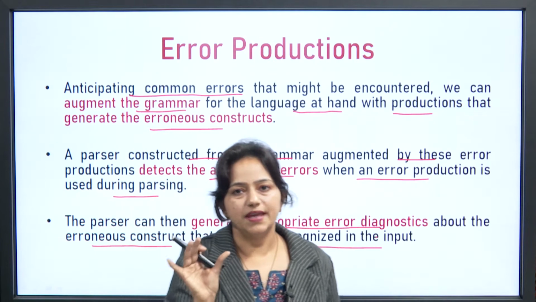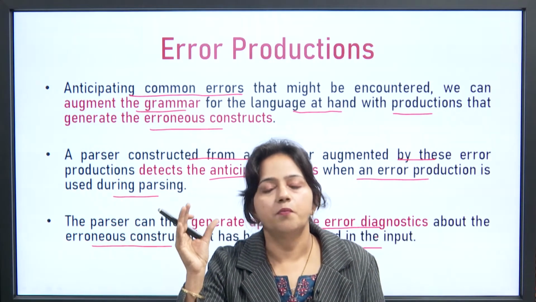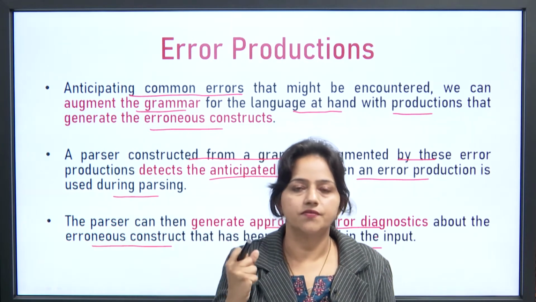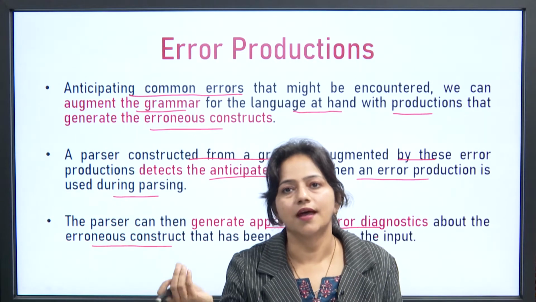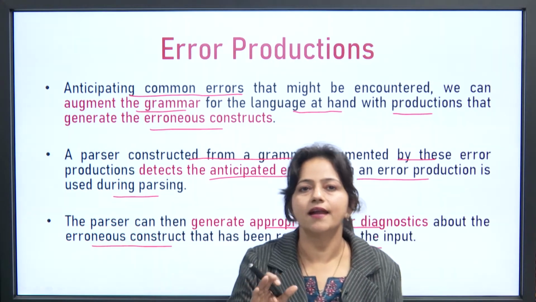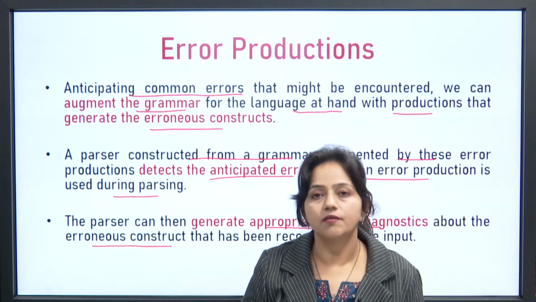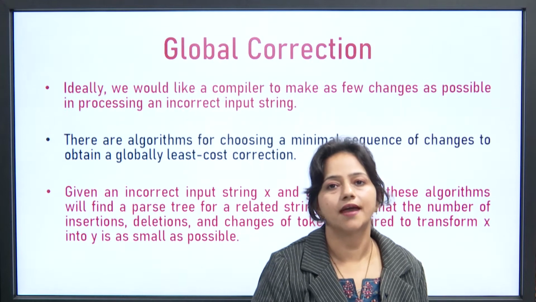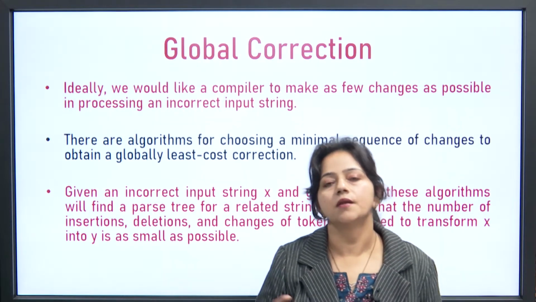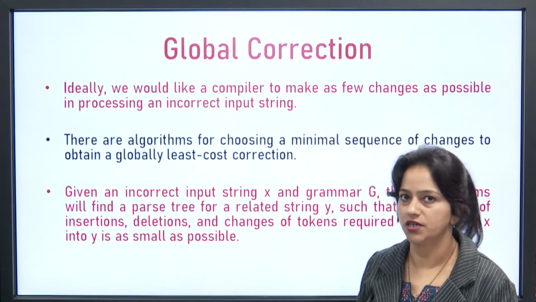The idea is that we find the possible types of error, write the erroneous constructs into the grammar, and wherever such productions are used, an appropriate error diagnostic action will be taken by the error handler routine.